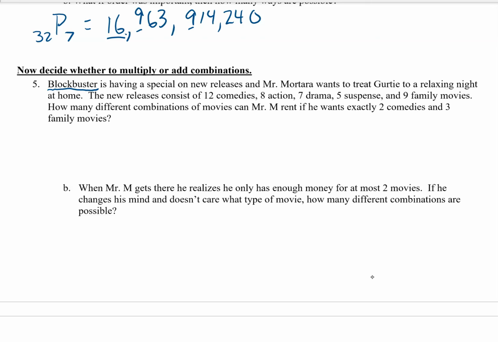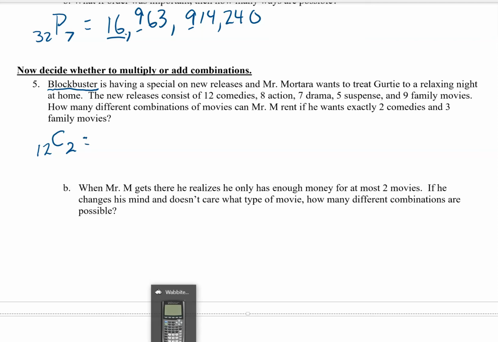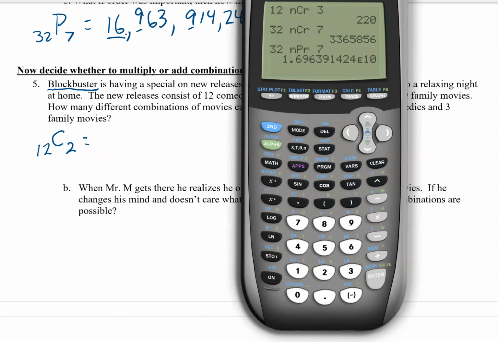So the new releases are listed. How many different combinations of movies can Murtara rent if he wants exactly 2 comedies and exactly 3 family movies? Now, it doesn't matter which order he picks them in. So for comedies, there are 12 comedies. From among them, he will choose 2. So how many different opportunities are there for him to choose those movies? 12.